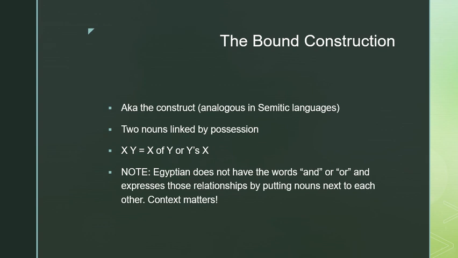A big one, something that I've run into in my own translations, is grandfather is your father's father, or your mother's father, for your maternal grandfather. But your mother and father would be written exactly the same way. So it's important to know what exactly is being discussed. Pay attention to subject verb agreement, that kind of thing, to make sure you don't slip up there. So word of warning, be careful.